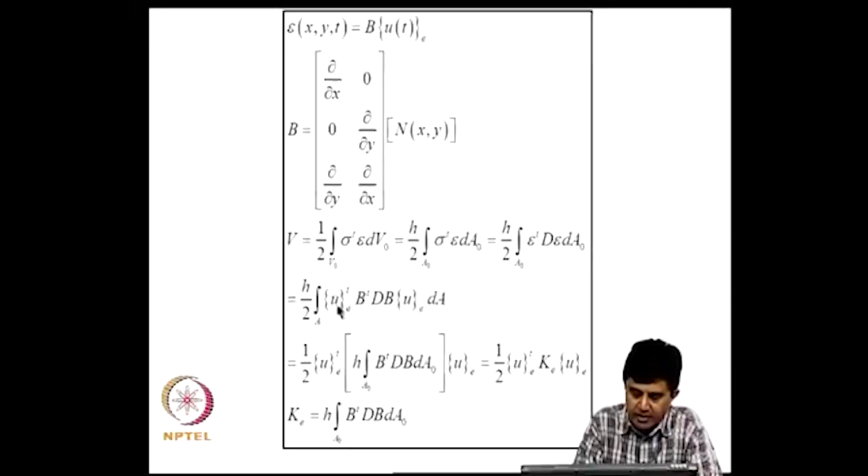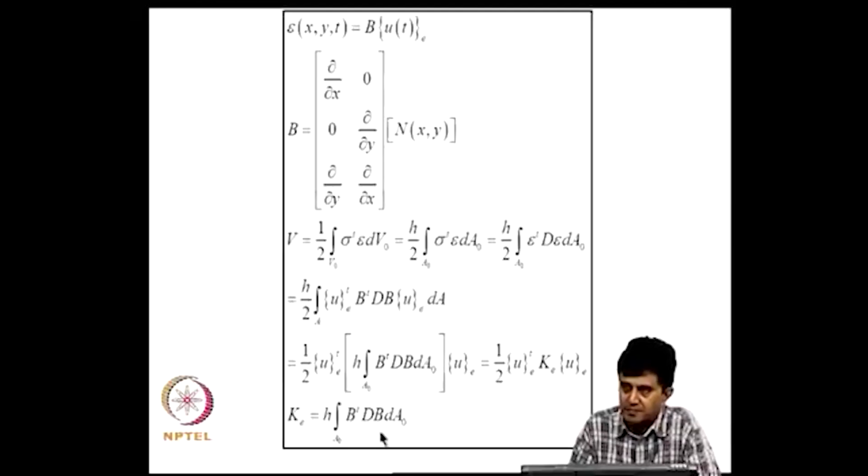Now, again this u e is a function of only time, it is independent of spatial variables. So, it can be pulled out and I get this matrix as h into the area integral of B transpose D B dA naught. So, this quantity is called the element stiffness matrix.